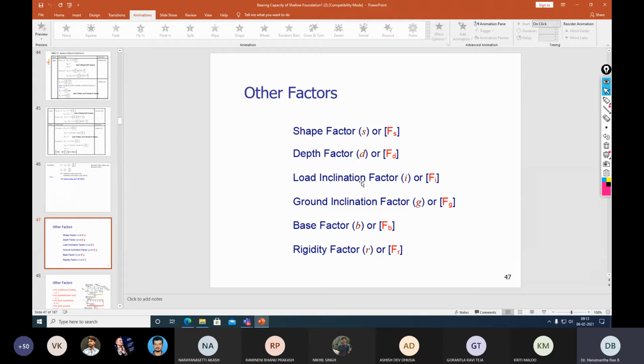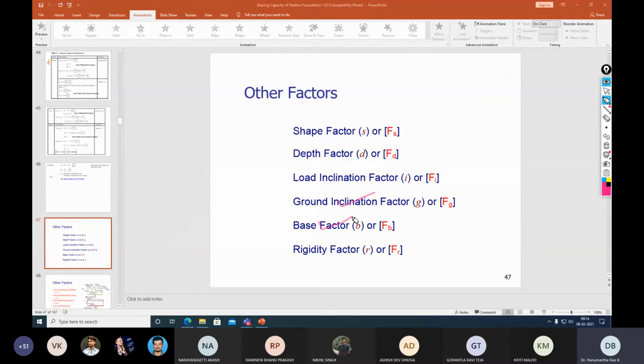But in cases where the footing is located, especially on a sloping surface, or if the footing itself is in some kind of inclined location, then we use additional factors. Those are called the ground inclination factor. This indicates that the slope is not horizontal, rather it is inclined.